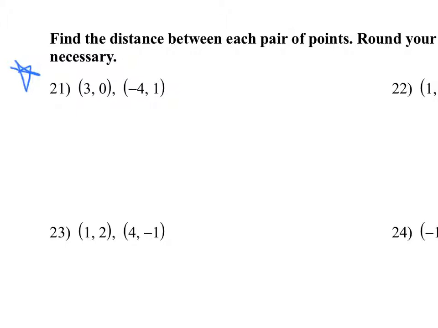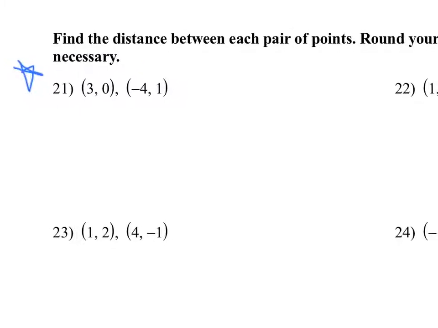So we would take the difference. Now, instead of adding them and dividing by 2, we're going to take the x values and find their difference. So this is the difference of the x values, these 2. I take that difference and I square it.